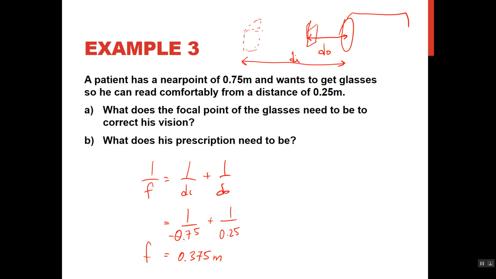And if that's the focal length of the person's glasses, what is the power? 2.66. The unit is capital D, diopters.